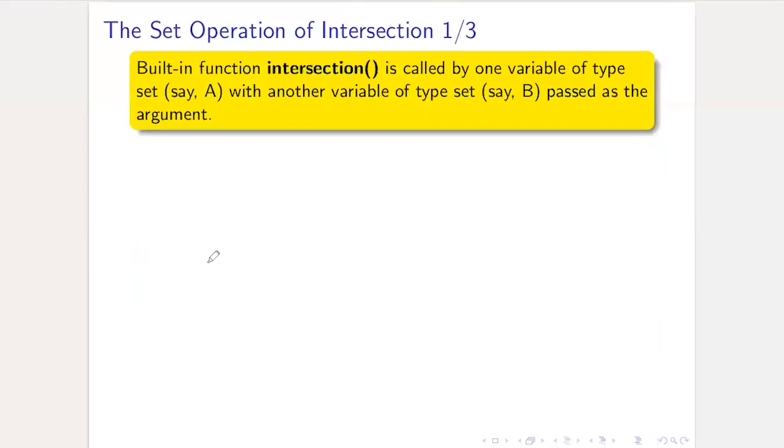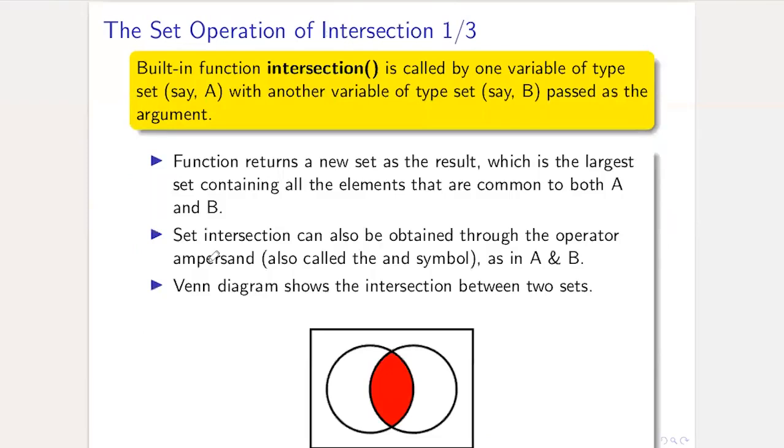Then we have the intersection as another set operation. All the elements common to the two arguments are given as the result set. We can either use the built-in function or the operator.